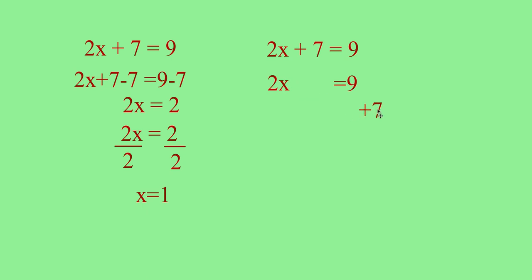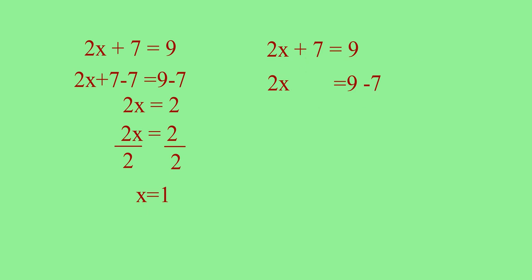While taking 7 to the other side, this plus sign will change into minus. So the other side will be 9 minus 7. That means if it is plus, the other side will be minus. Now if it is minus, the other side will be plus.